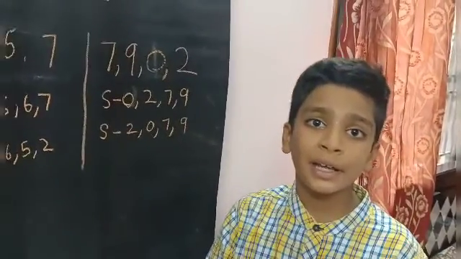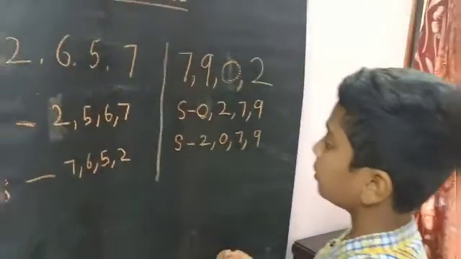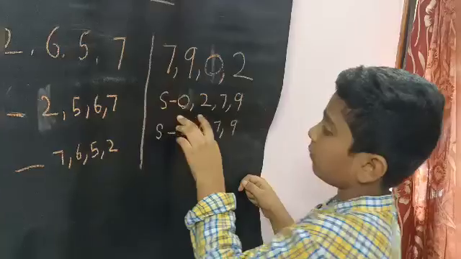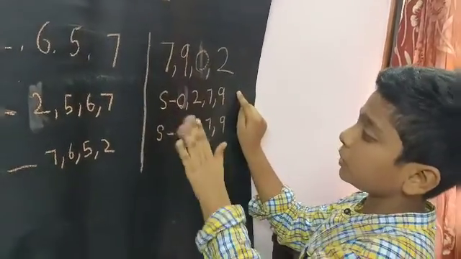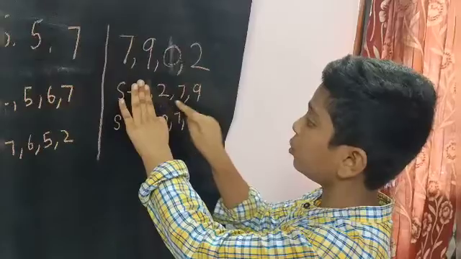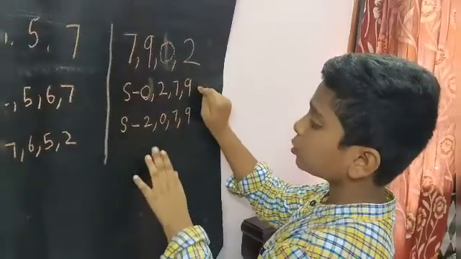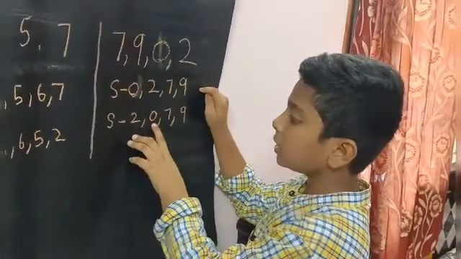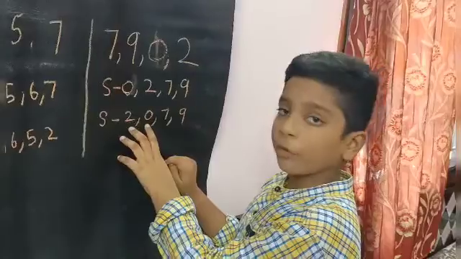Why? I will tell you. This is correct. Why? Because 0 is the smallest number and it's on this side, so no value. So 2, 7, 9. And why is this 0 here and 2 here? 0 is the first smallest.